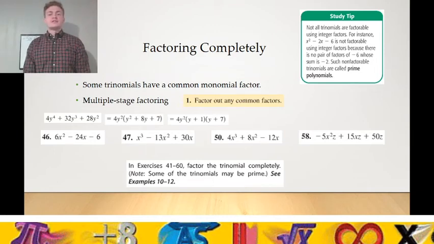Also, we see that each of the terms has the variable z. The z can be factored out along with the 5. And we also see that the first term, the leading coefficient, is negative. So we would also want to factor out the negative sign. So our greatest common factor here, the factor that we will factor out, is negative 5 times z.